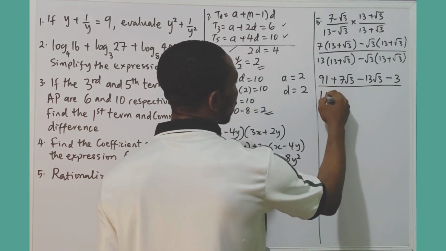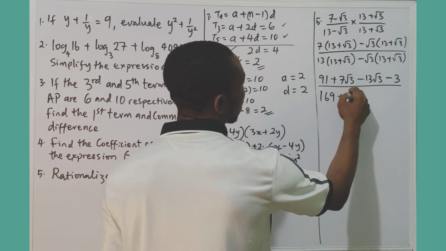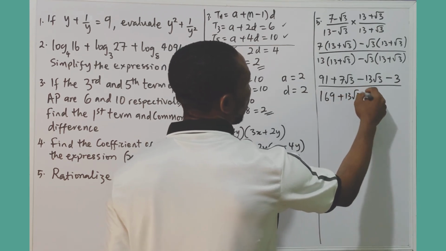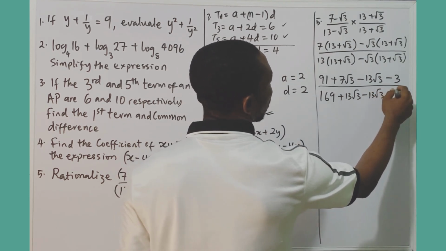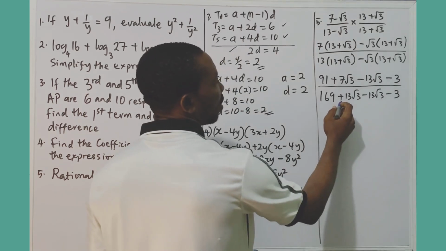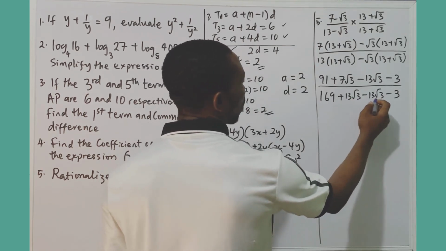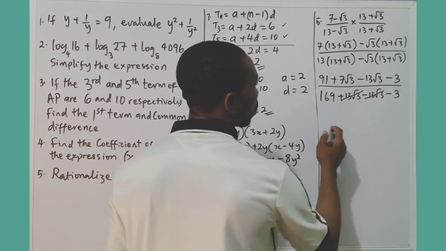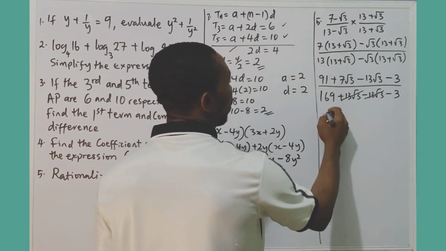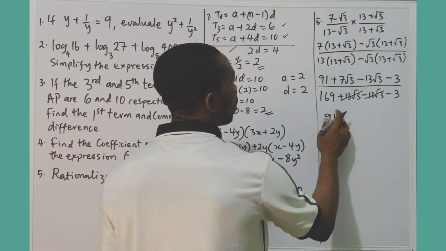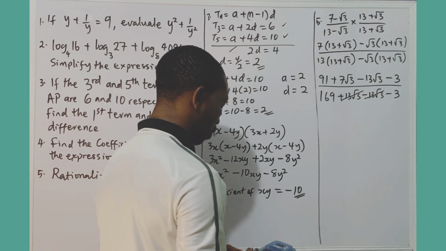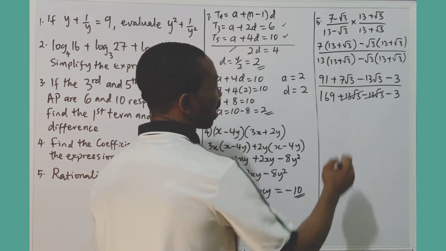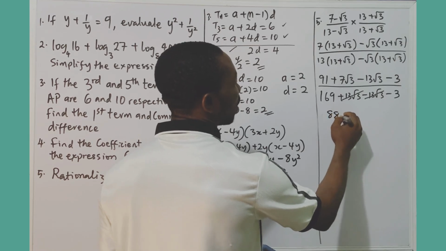Alright, 169 plus 13 root 3 minus 13 root 3 minus 3. Now you can see minus 13 root 3 plus 13 root 3 will cancel out. Okay, now leaving us with 91 minus 3, which gives us 88.